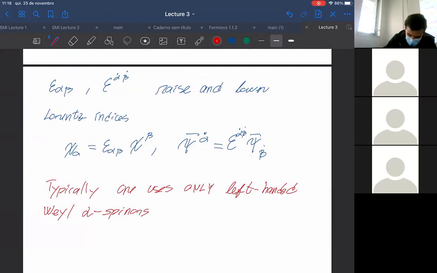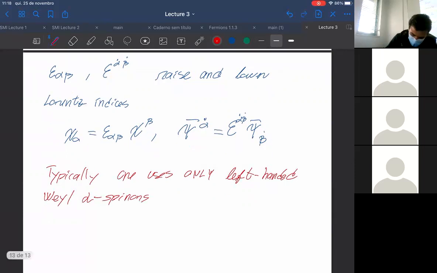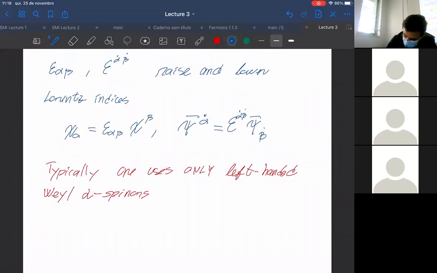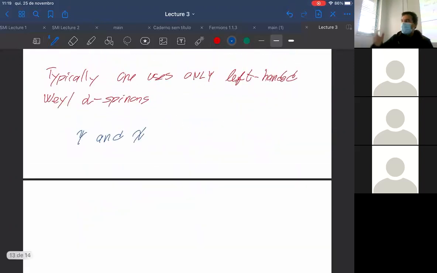For example, we can define what's called psi and chi. One of the things that happens is when you conjugate, and here the conjugation is with a bar, once again I will tell you that in the exercises it's defined there, so you will follow that. When you conjugate the left-handed one, you transform it into a right-handed one. Basically, the conjugation transforms left into right and right into left.